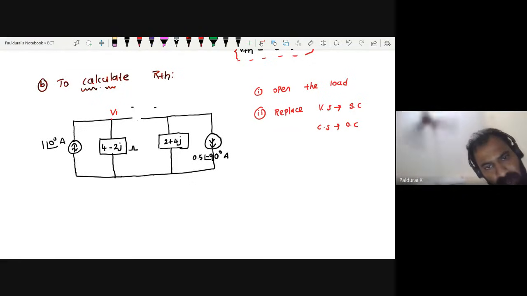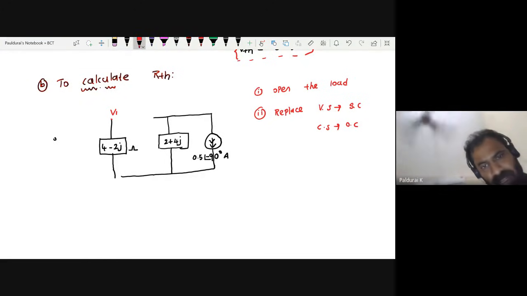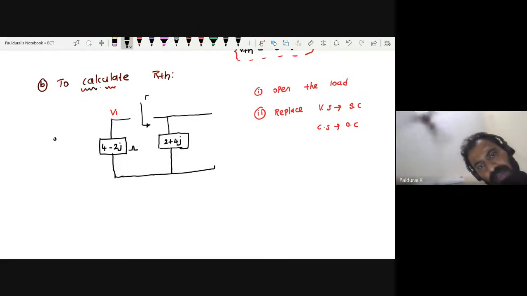Now open the load. I opened. And replace this current source by open circuit. Here also open circuit. So now what is remaining? And this is my RTH. How are these two connected?